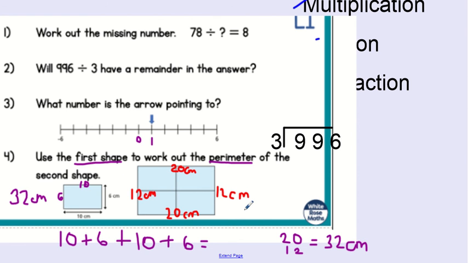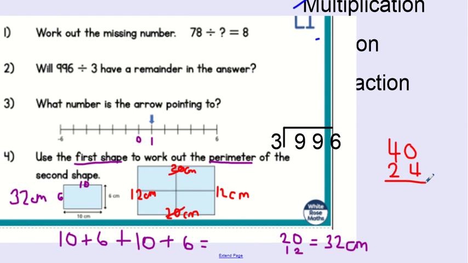Okay, so how am I going to find the perimeter then of this second shape? Brilliant, I've got to add those amounts up. So I know 20 and 20 is 40. I know 12 and 12 is 24.